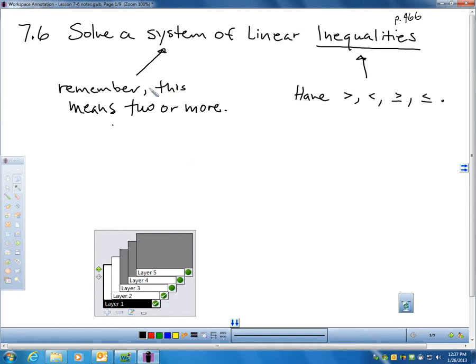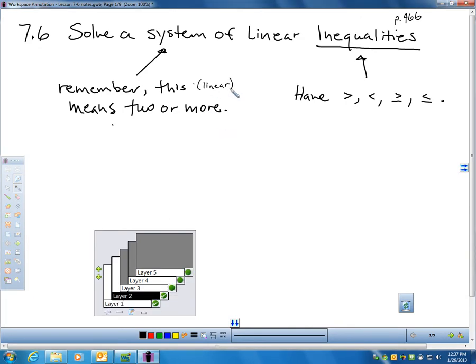And remember, a couple things in the title of this. If you don't know what a system of linear inequalities is, it's going to be hard to actually do what's being asked of you. So remember, a system of equations or inequalities, remember this is what we started off with in chapter 7 a couple weeks ago. A system means that we have two or more, and maybe I should add to this, it's two or more equations or inequalities that are linear.